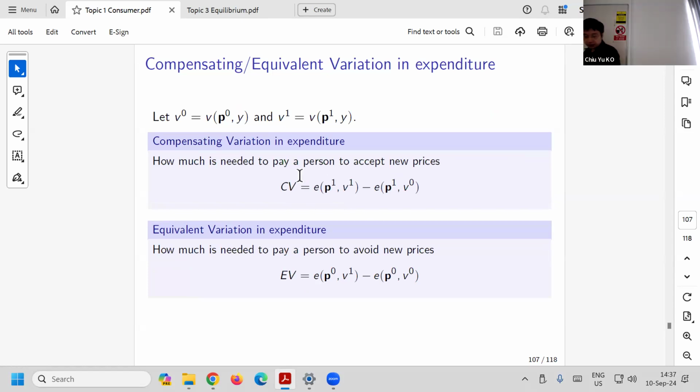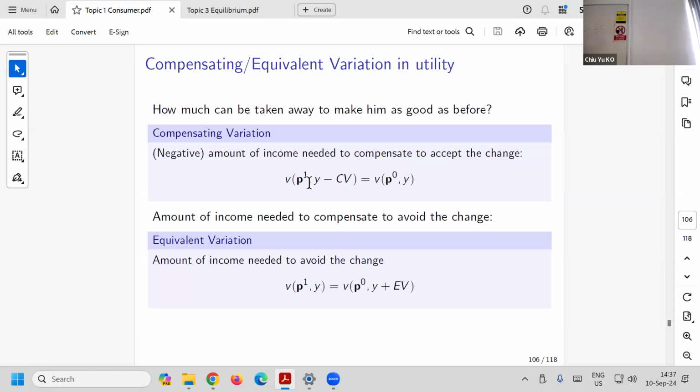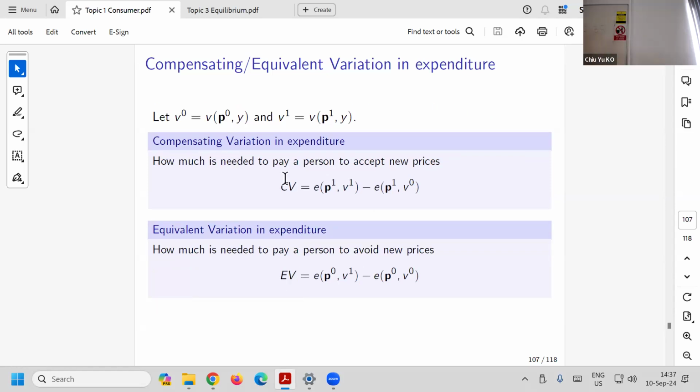And this is the money. The reason for this definition is that this is how people think, right? But we can't measure utility directly. So how to operationalize this is to look at expenditure, right?